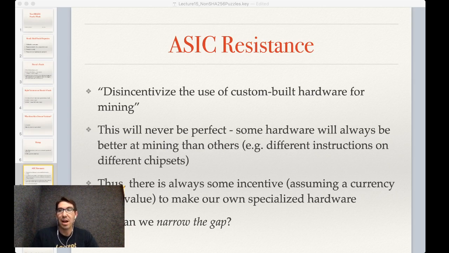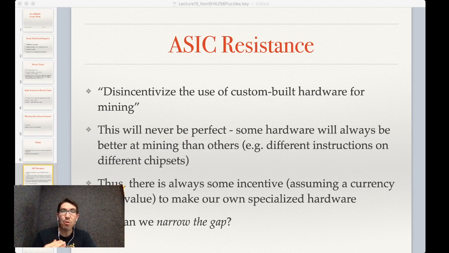Maybe it has certain instructions that make XORs or bit shifts or whatever faster. Okay, so there will always be an incentive to make ASICs. It should always be possible to make something that really is an application-specific integrated circuit, right? Some hardware that is specifically meant for whatever algorithm we're using.